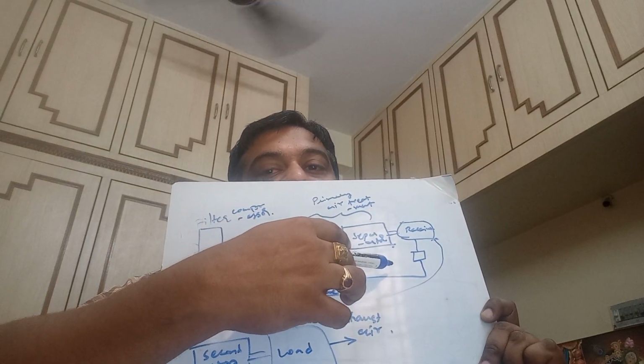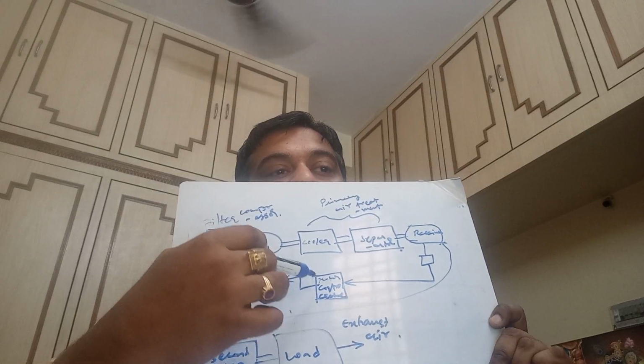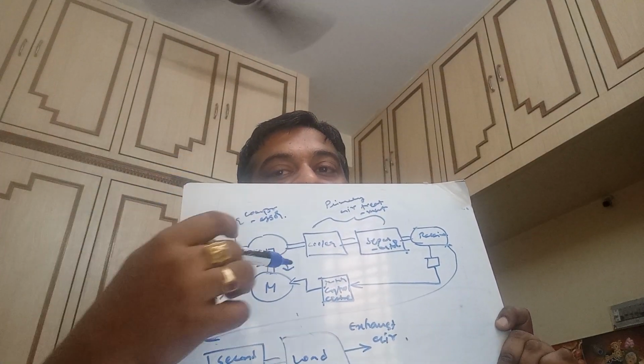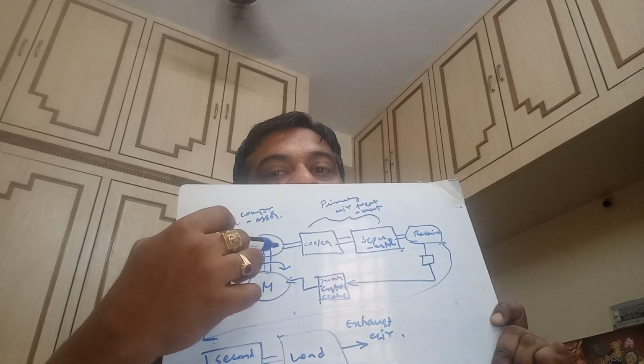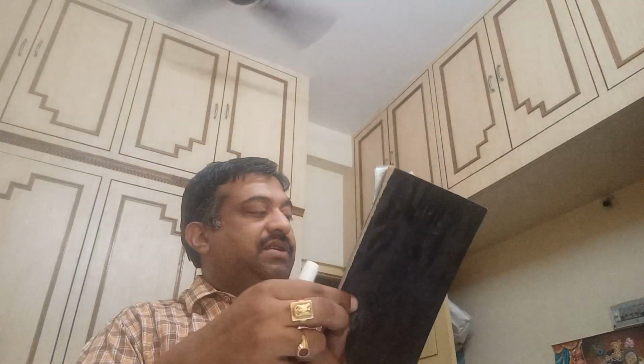With the pressure switch we are controlling the motor control, and it is directly controlling the compressor. How much pressure we want, that much we are regulating with the help of the pressure switch. I think I did not write it here. So pressure switch valve.